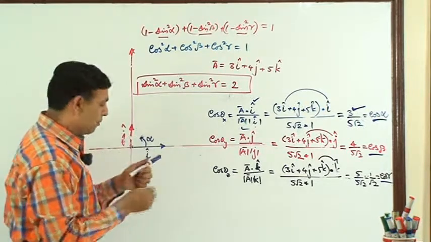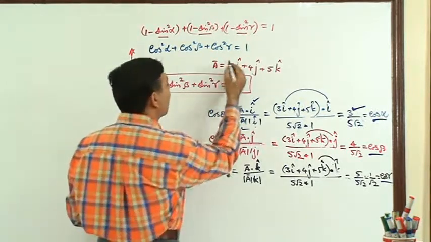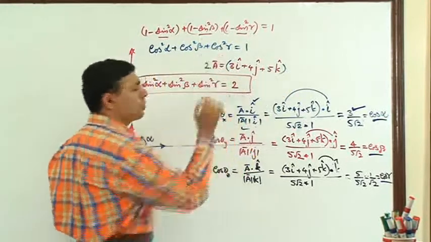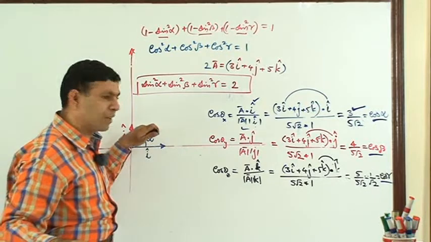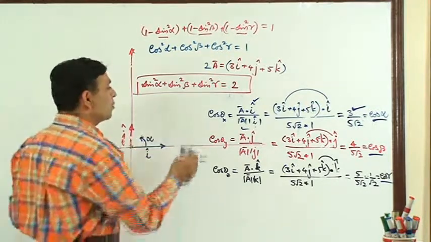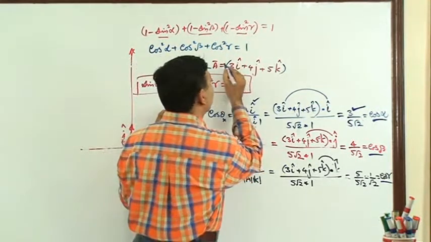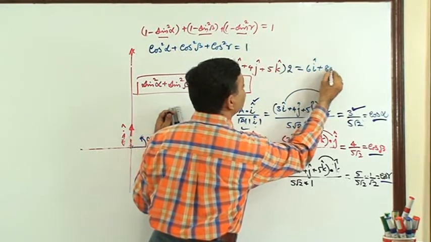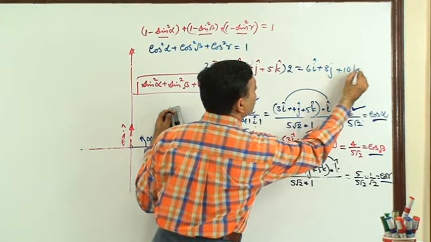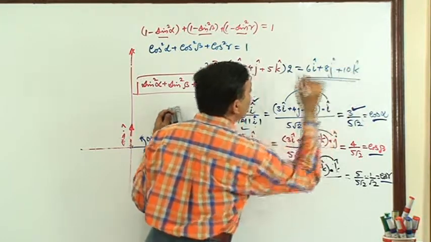You know very well, when you multiply a vector by a positive scalar, you will get another vector in the same direction. So now if we multiply the whole thing by 2, you will get 6i plus 8j plus 10k. Even this vector will have the same direction cosines.